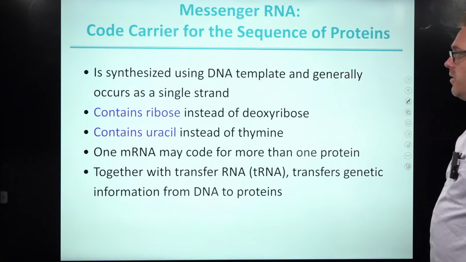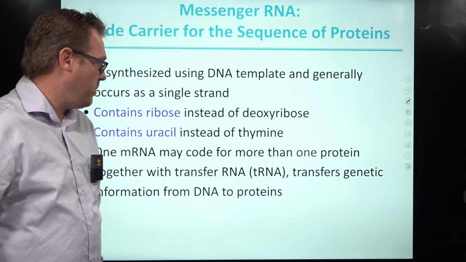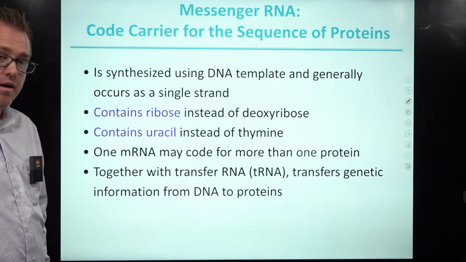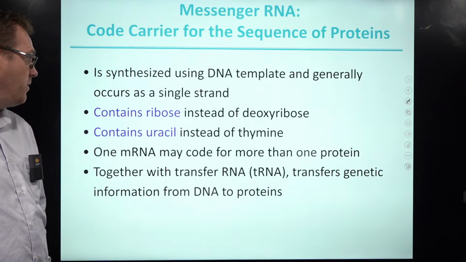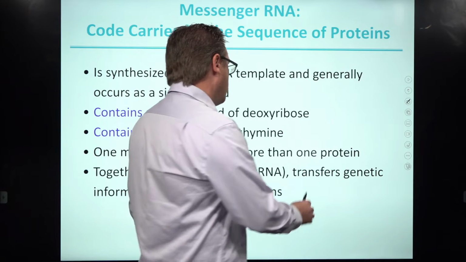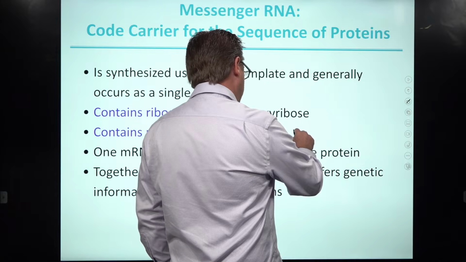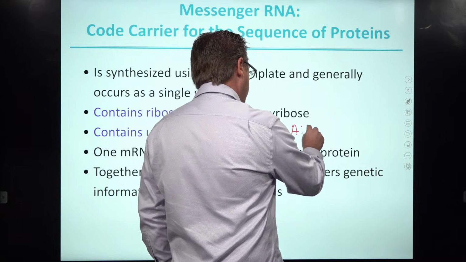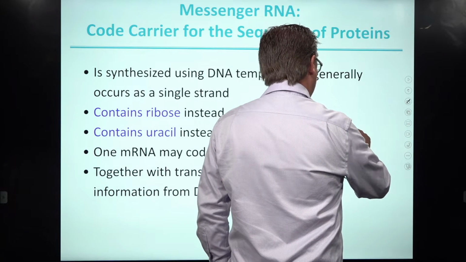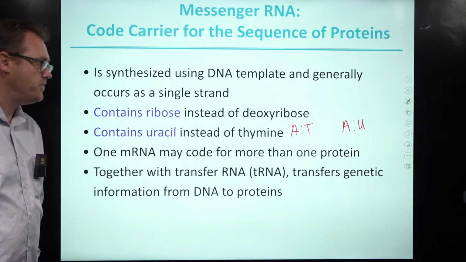Well, DNA is deoxyribose and RNA is ribose. And another key difference is that in RNA, we are replacing thymine with uracil. So now, in DNA, it's A to T, that's the base pair, but RNA is going to be A to U. Okay.